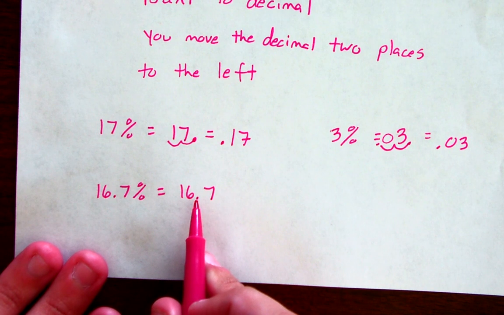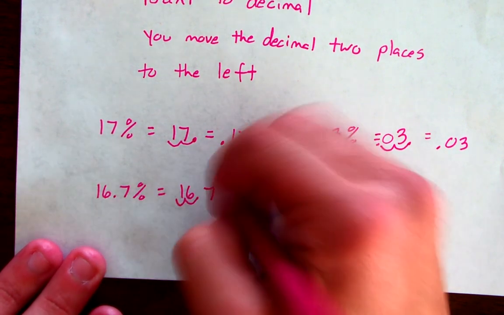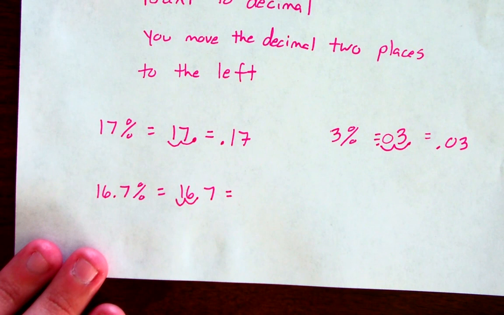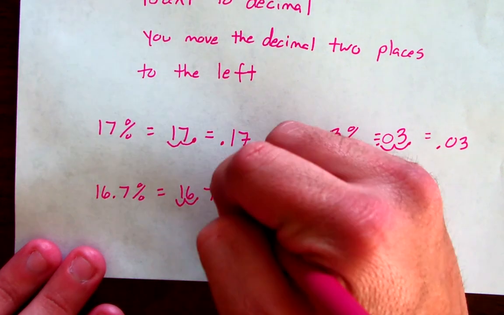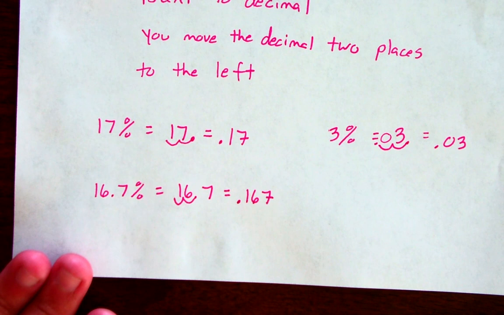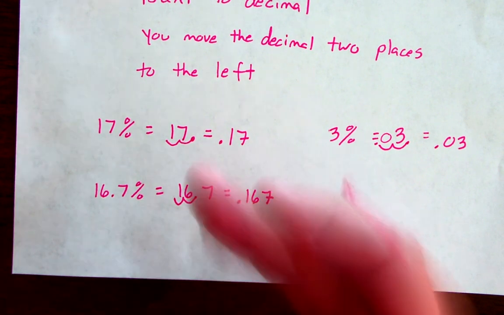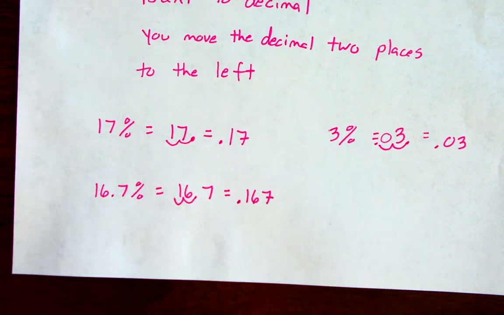Now from the decimal, move it 2 places to the left. 1, 2. So 16.7% is the same as 0.167 as a decimal. I know I said I was going to do 4 examples, but I think we're okay with 3 examples, so I'm going to stop right there.